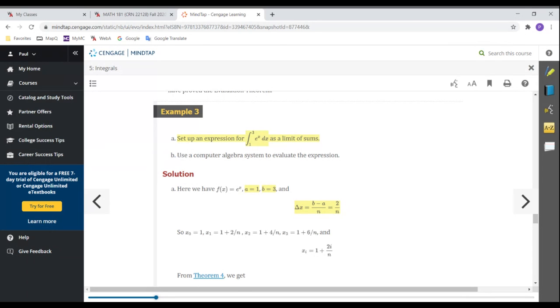The way you can quickly get that is take 3 minus 1, which is 2, and divide by n, 4, which is a half. So this delta x formula always works no matter how many subintervals you have.